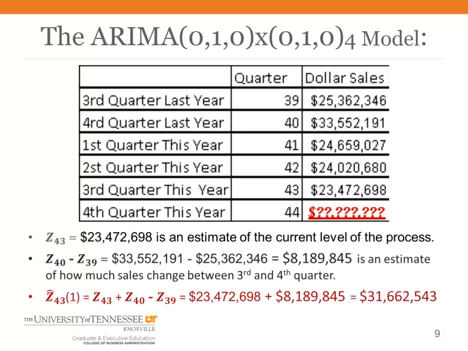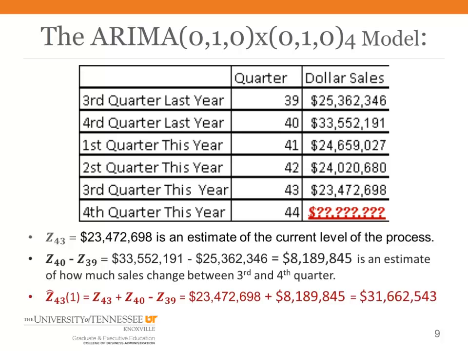And so now we have a mathematical formula, Z hat, which means forecast, sub 43, which means the forecast made in period 43, parentheses 1, which means one period into the future. In other words, we're forecasting what's going to happen in period 44, the fourth quarter.